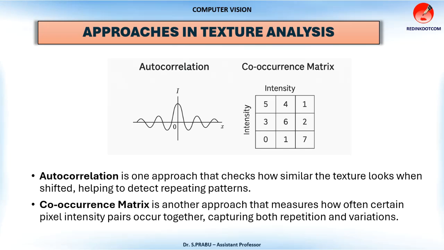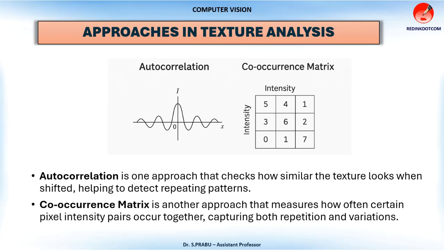The first one is autocorrelation. This method checks how similar the texture looks when it is shifted. If the texture has repeating patterns, autocorrelation can capture the repetition very effectively. For example, it is useful in identifying regular structures like stripes or grids. The second method is the co-occurrence matrix.